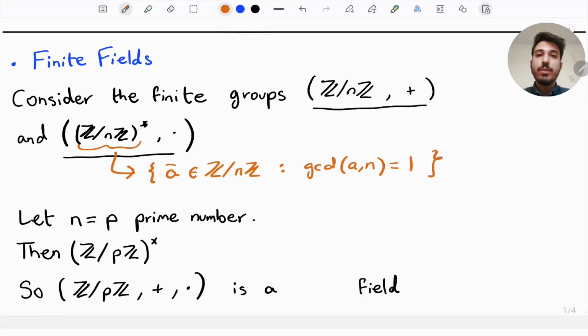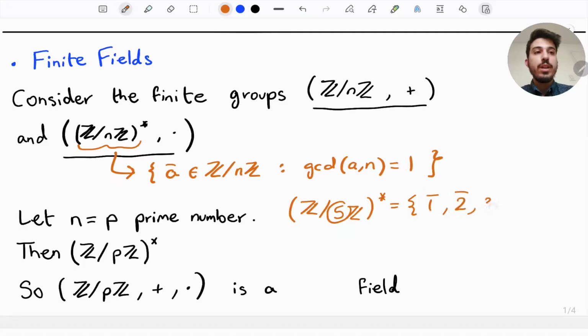In other words, all the residue classes in which a is coprime with n. So if we let n be a prime number, let's say n was equal to 5, then (Z/5Z)* would contain all the non-zero elements in Z/5Z. So it would contain 1, 2, 3, 4.